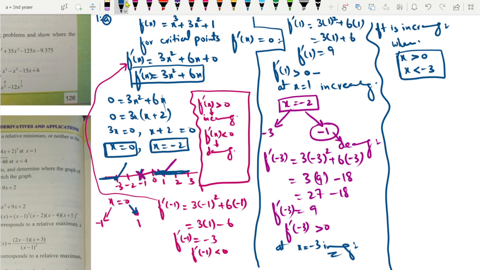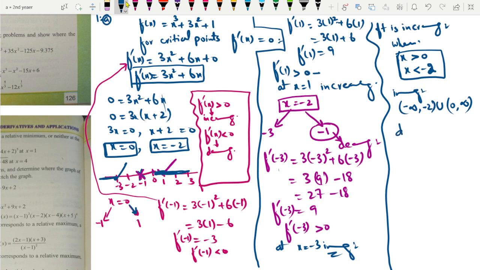For increasing, sorry, it is -2, so you can also write it as minus infinity to -2 union 0 to infinity. This is for the increasing function.